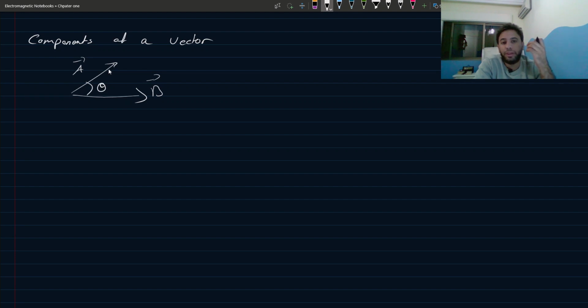Now, there are infinite ways to describe a vector, but we decided to use the xy plane as a reference to unify. So when you open another book and you see the xy plane, you're going to understand what they're talking about with the reference point 0, 0, 0. But you can describe a vector in terms of another vector. And that is what a component of a vector is all about.